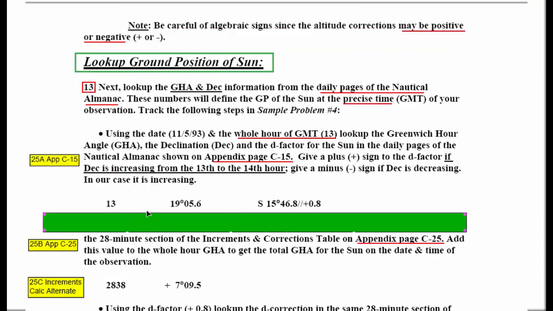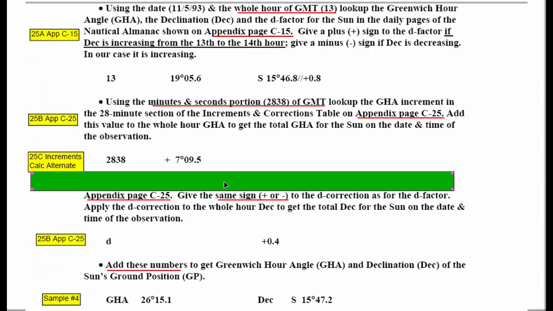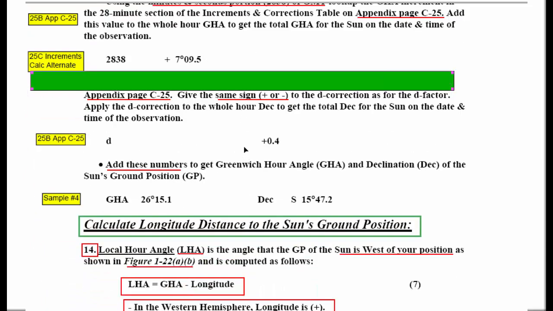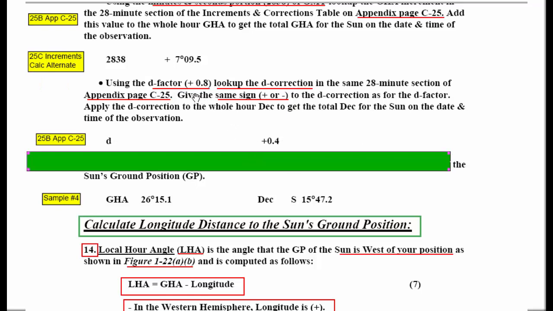So let's go back to our discussion page, and that is all described here. The 13 hours, 1905.6, south 15 degrees 46.8, and the little d factor 0.8 plus. We looked up for 2838, and we have 7 degrees 09.5. And we looked up for the 0.8 d factor and found 0.4.